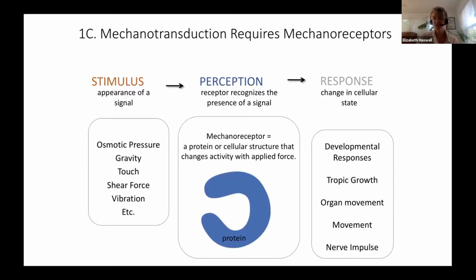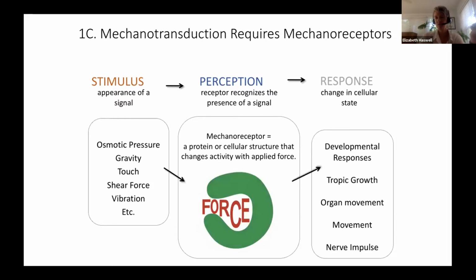But the big question is, how do you perceive this? The idea is that there are specialized proteins or cellular structures or even tissues that change activity with applied force. So there's a stimulus, the mechanoreceptor senses the force, changes activity, and elicits the change in cellular state.